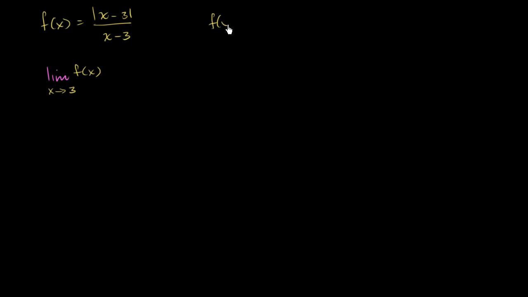So let's say f of x is going to be equal to, and I'm going to think of two cases: when x is greater than 3 and when x is less than 3. When x is greater than 3, what does this function simplify to? Whatever I get up here, I'm going to get a positive value, and when I take the absolute value, it's going to be the exact same thing.